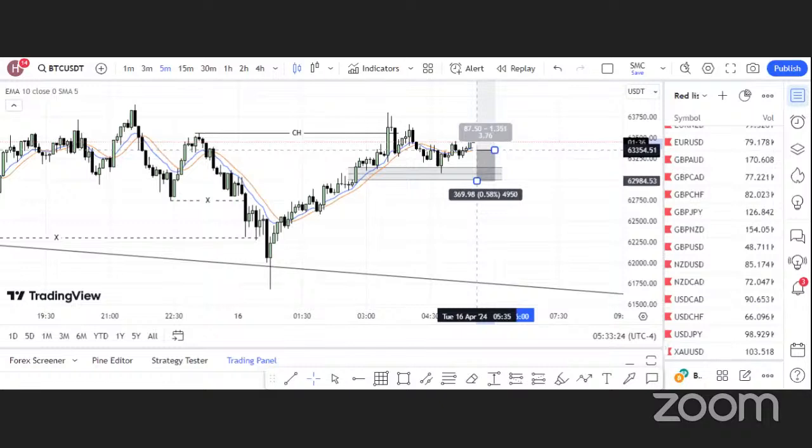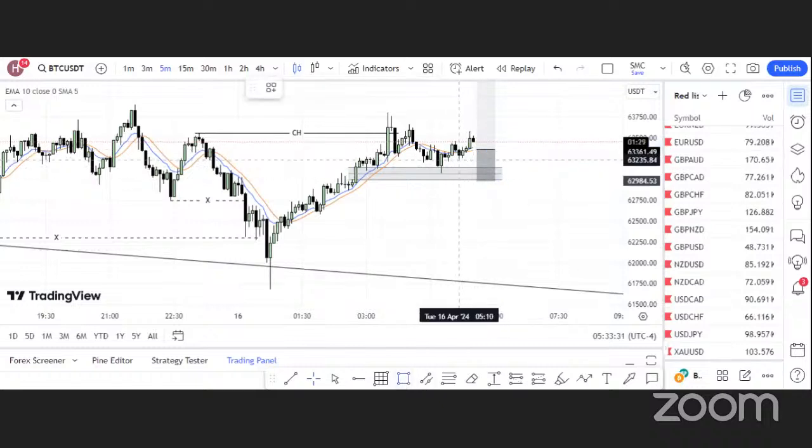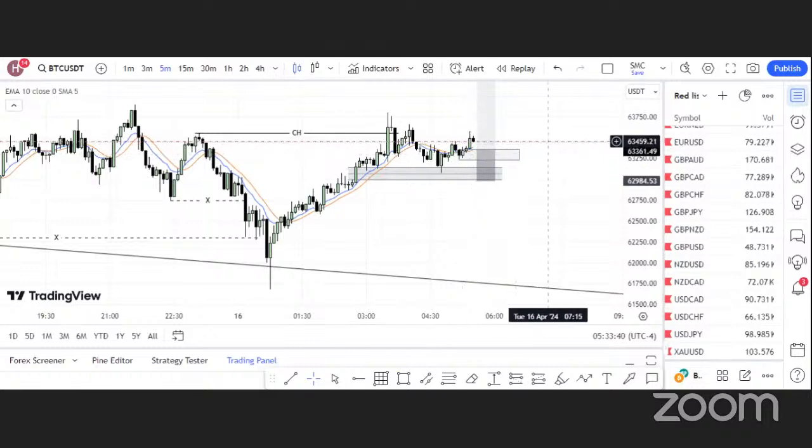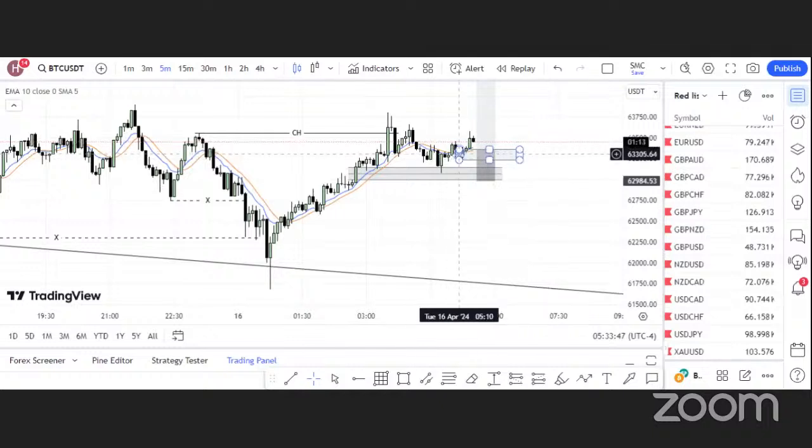All right. So okay, so hopefully the market comes to this order block. Hopefully the market comes to this order block.